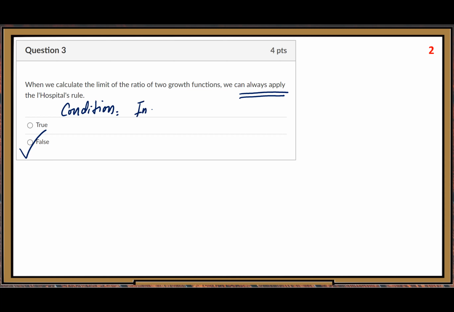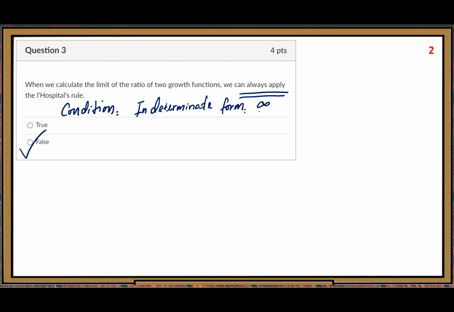We can only apply it on indeterminate form.